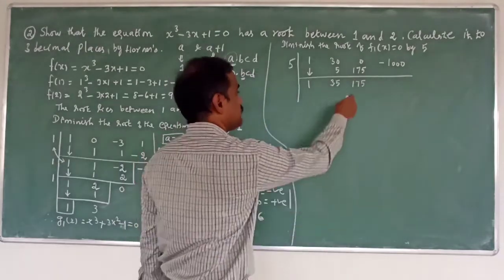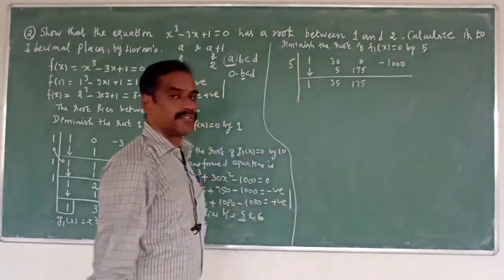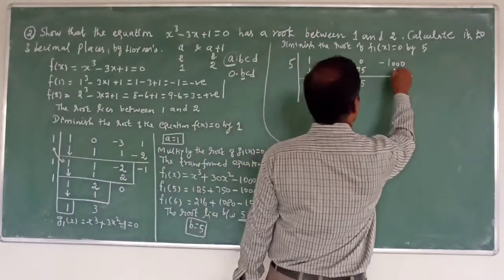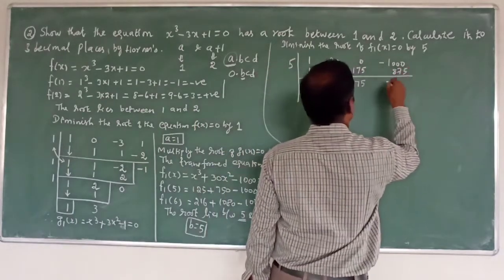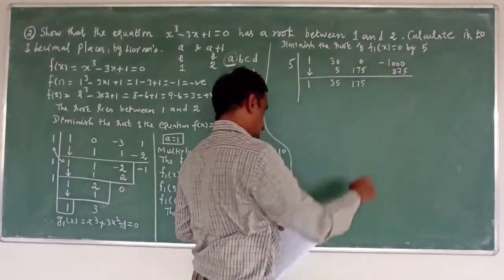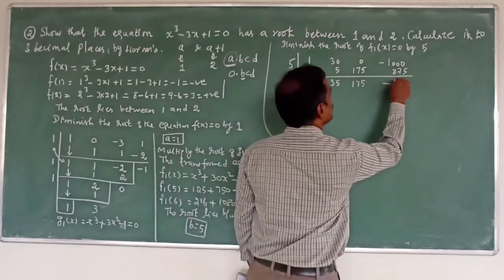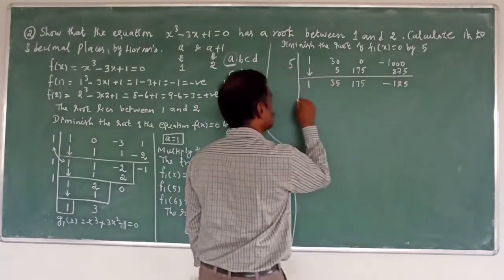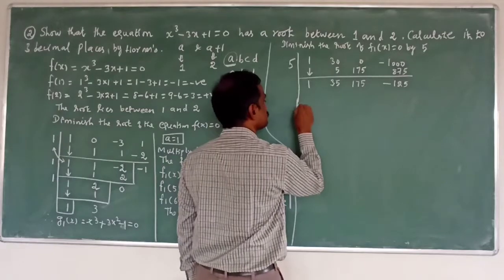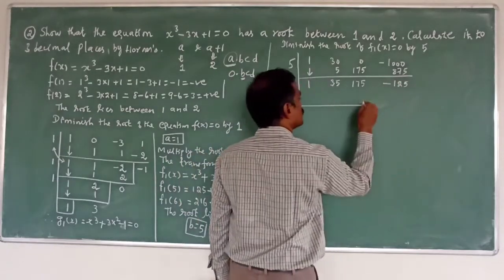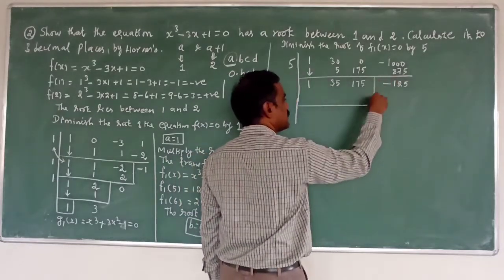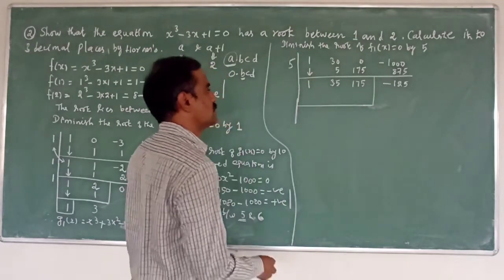Next 175 multiply into 5, we can get the result 875. Now subtract these two, we can get the result minus 125. Again, now this is for the constant value, we can leave it.